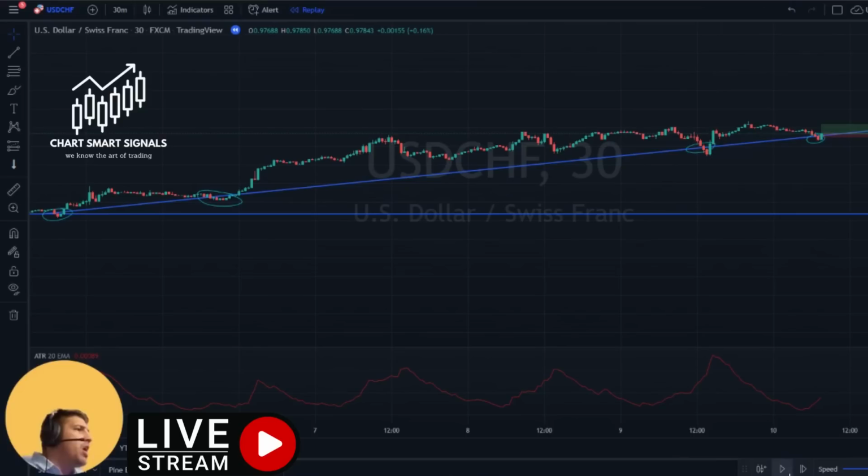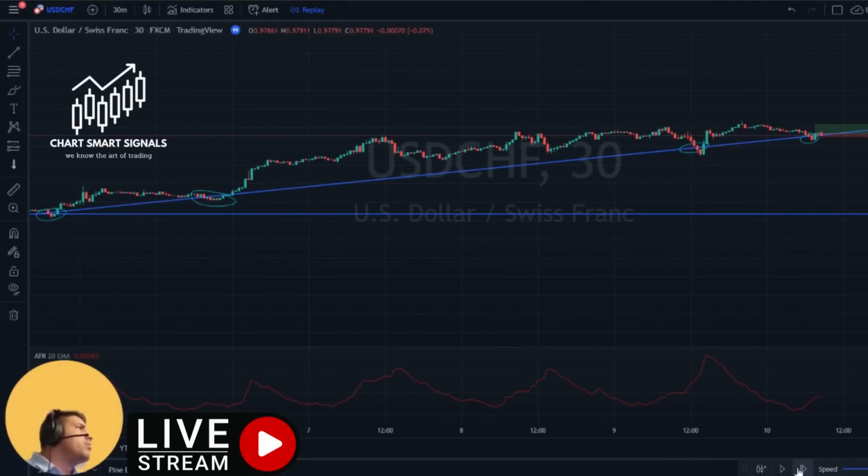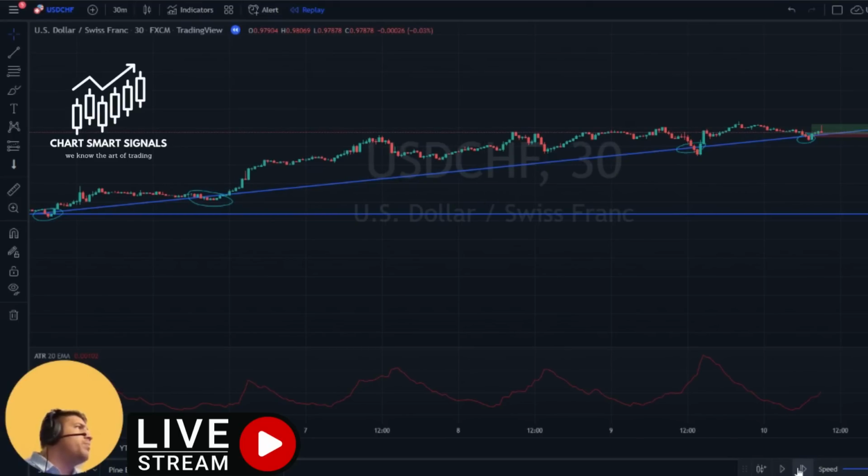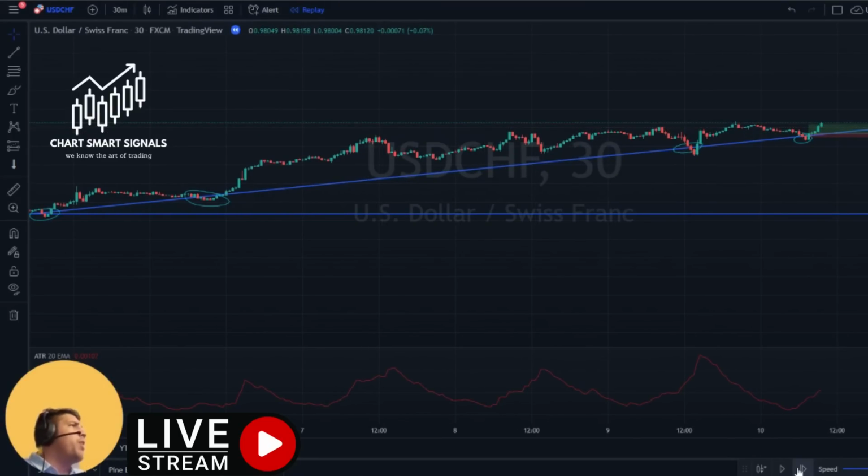Let's go forward in time and see what happens. It's close to our stop loss, but didn't hit our stop loss. Just shy. And at that point over there, we would have broken our TP zone right over there, which means that this would have been a profitable trade, a quick 24 pips, I think it was.